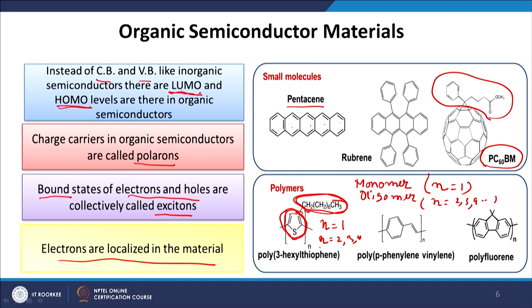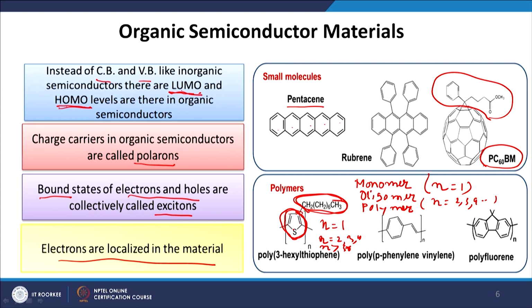But if the value of N is very large, let us say N is greater than 50, then we have so many repeating units of this structure, and that we call a polymer. It is interesting to know that in the case of the polymer, the optical properties and the electronic properties pretty much repeat after N is equal to 6 units.